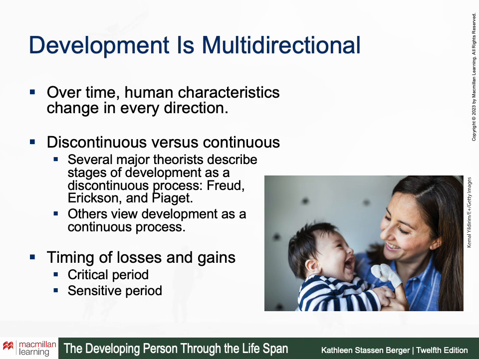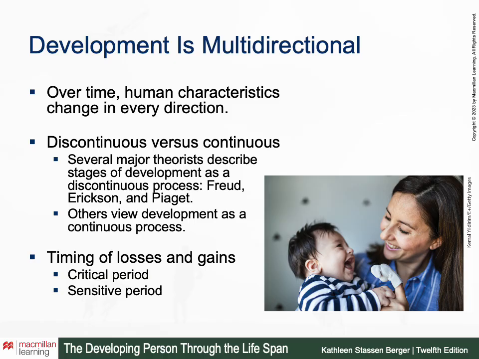Okay, so the first thing that we are going to talk about is that development is multi-directional. So over time, human characteristics can change in every direction. This is not the idea that everybody goes in a straight line from point A to point B in development, and that human characteristics are changeable in every direction.